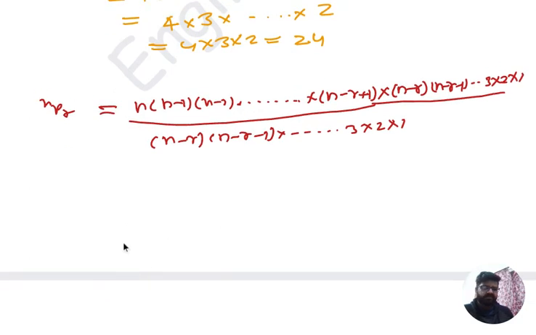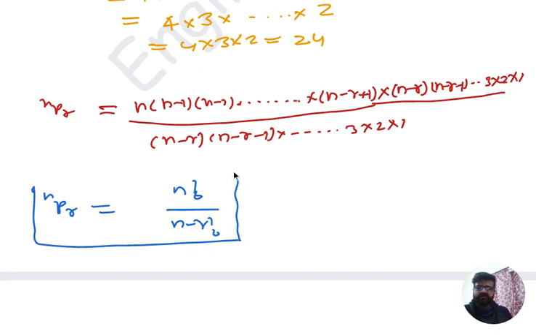So please understand this. What is the numerator and what is the denominator? Try to understand this. The numerator is factorial n, and the denominator is factorial of n minus r, and this is our nPr, and this is our formula of permutation.